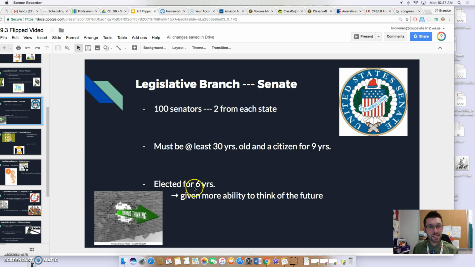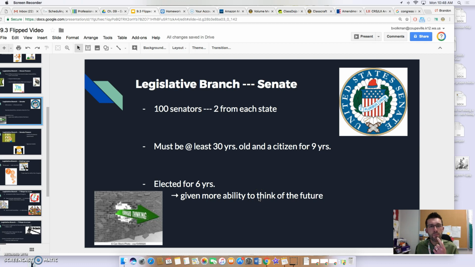Senators are elected for 6 years. So they have 4 extra years that the people in the House do not have. And this is because they need to be given more leeway to think of how certain bills and laws affect the future of the country. Whereas people in the House of Representatives think about what citizens want right now, people in the Senate are supposed to think about the future of our country when they're thinking about the laws and taxes.